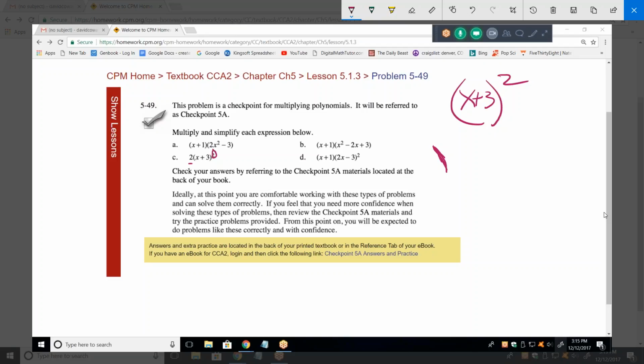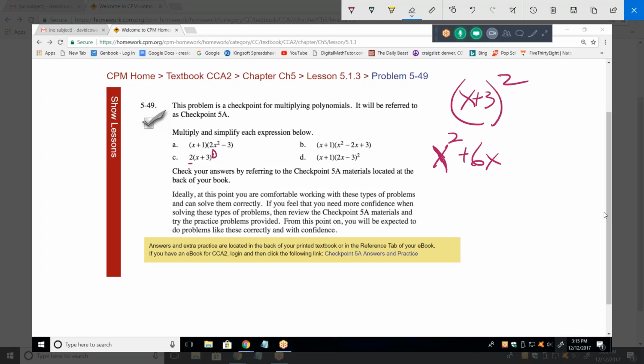You gotta do it term by term. So it'd be x squared, and then plus 6x.